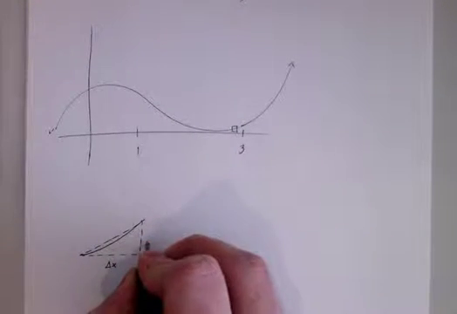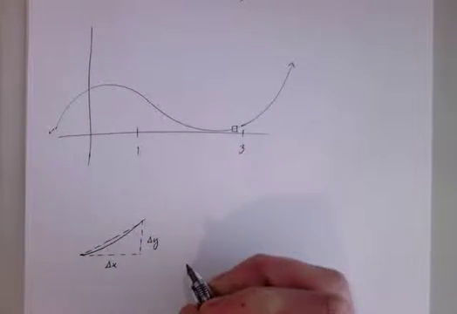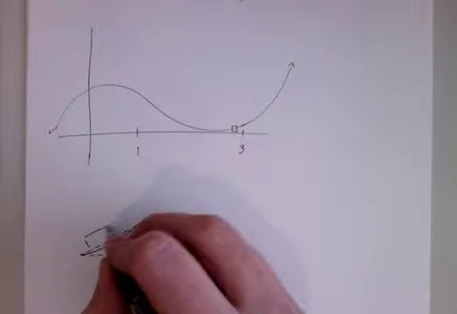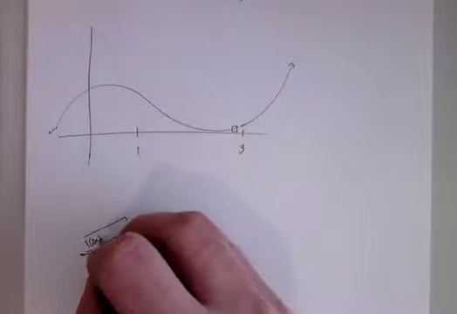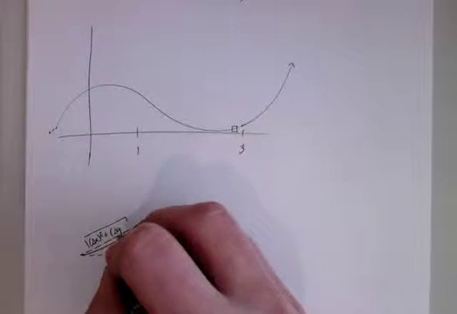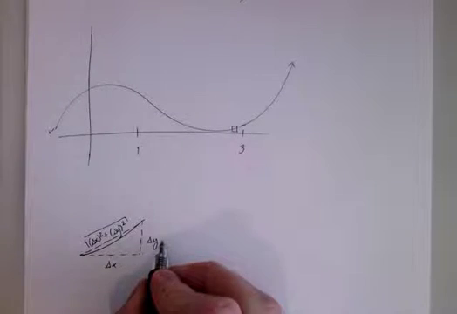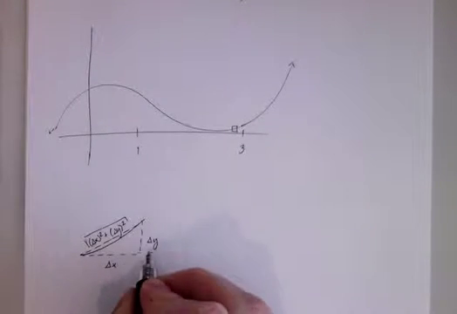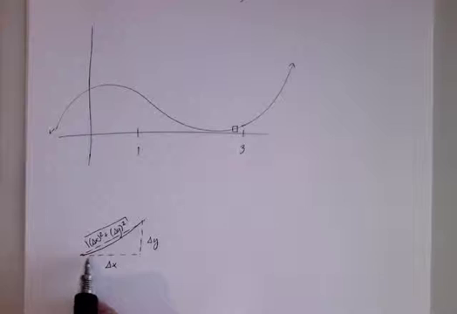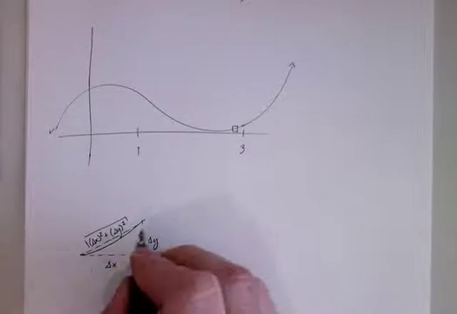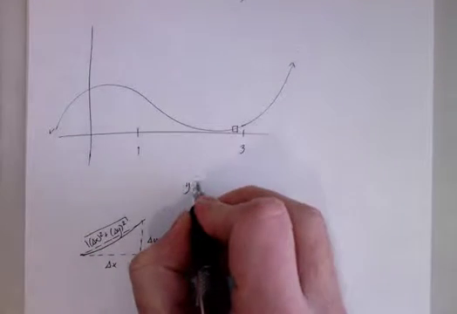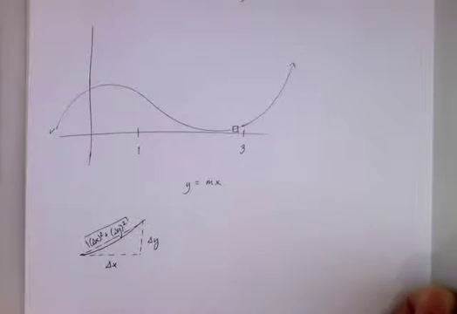And so that's delta x, and that's delta y, change in x and change in y, and so that right there is delta x squared plus delta y squared. Well, that's not really all that helpful, I guess. But here's the thing. If that's a line, I know that my delta y is basically however far I've gone in terms of delta x times the slope, right? Because if that's linear, any y value is mx.